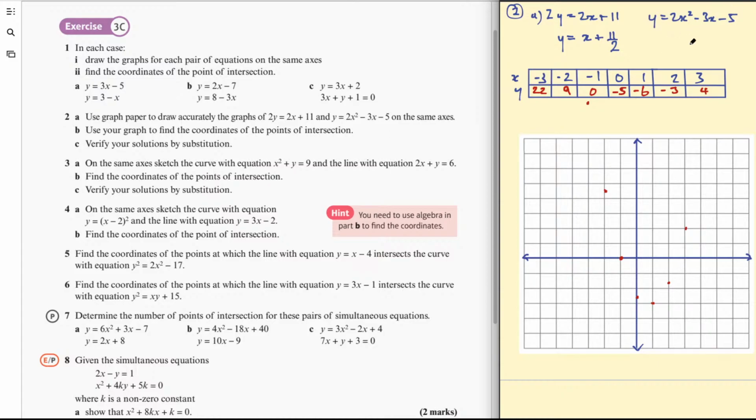The minimum, now I kind of am curious where it is. So we can do negative b on 2a to find that. So 3 on 4. And then this looks kind of wrong. Or maybe not. Now I feel like I've made a mistake in here because the graph looks a bit off.